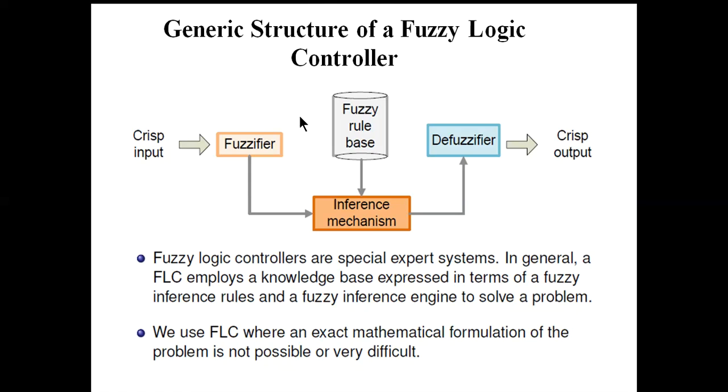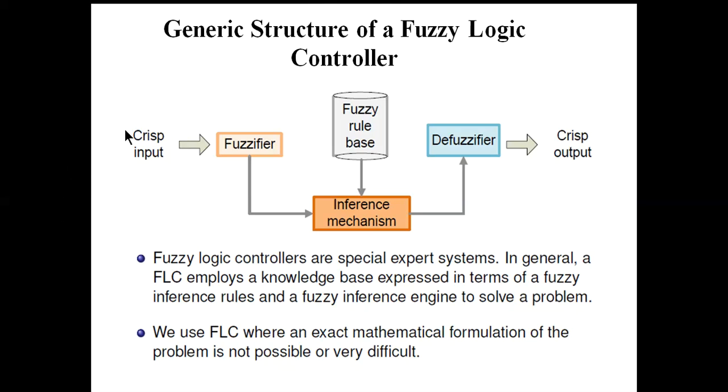You can see that these are the different modules for the fuzzy logic controller or fuzzy system. Here, first of all, we need some kind of input, and the input should be a crisp value. That means that is a real life value.